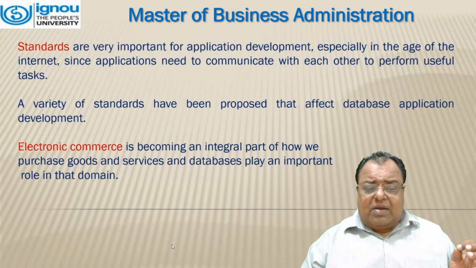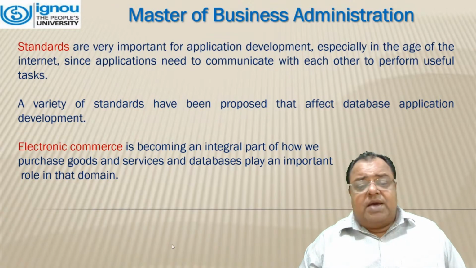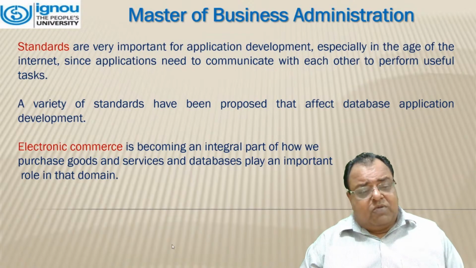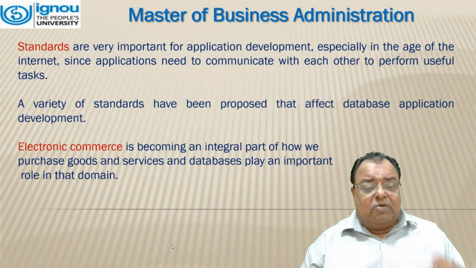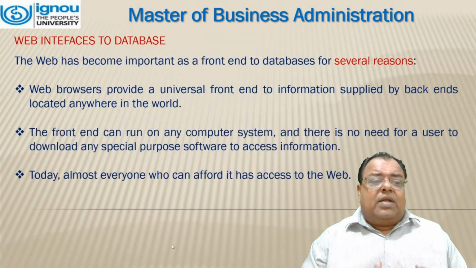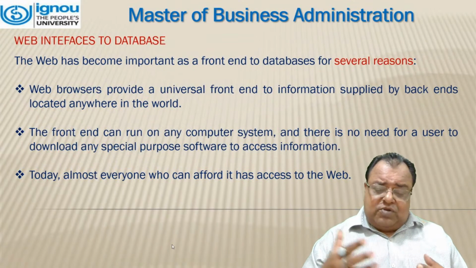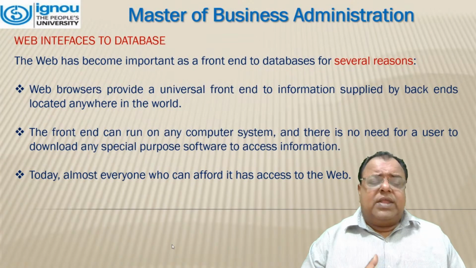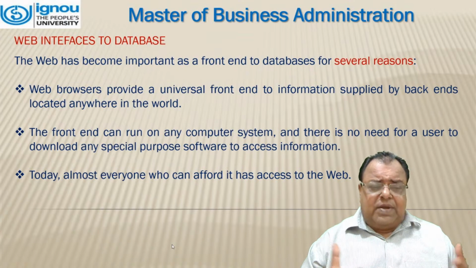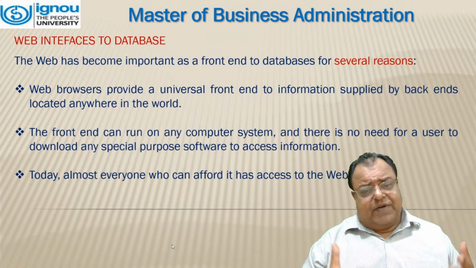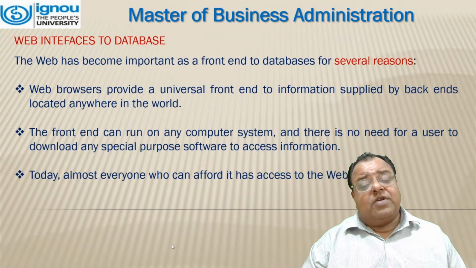Electronic commerce is becoming an integral part of how we purchase goods and services, and databases play an important role in that domain. Web interfaces to databases: the web has become important as a front end to databases for several reasons.